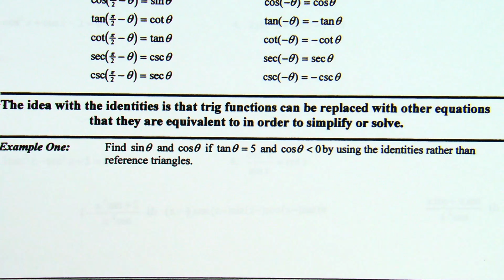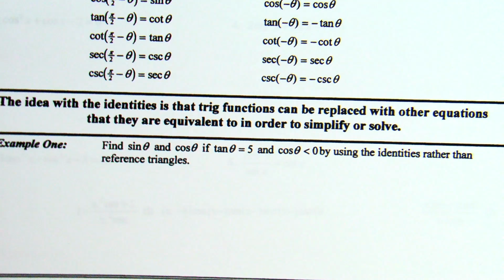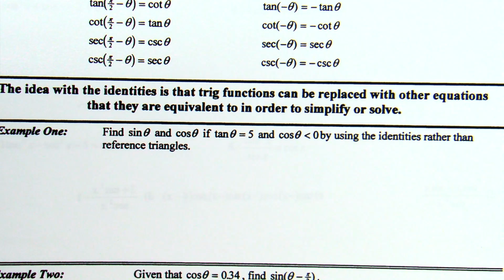Okay, I want to start with the Pythagorean identity. Which Pythagorean identity do we need to use? Or could we use? Okay, if we know tangent squared, we should use one that has tangent squared in it, yes? So I'm going to start, let's see.